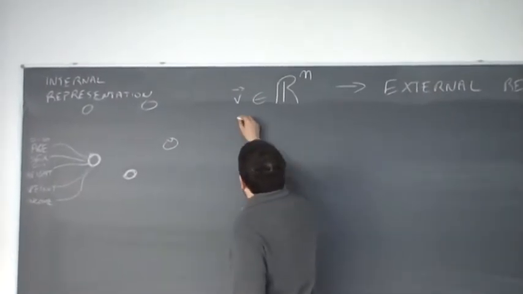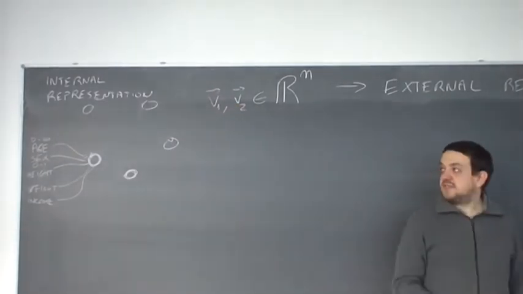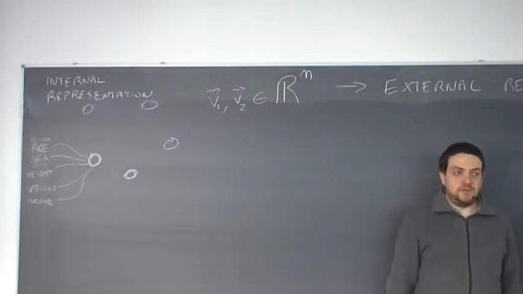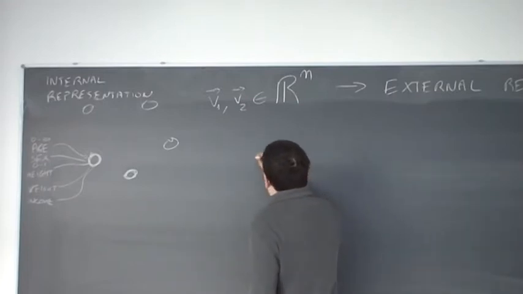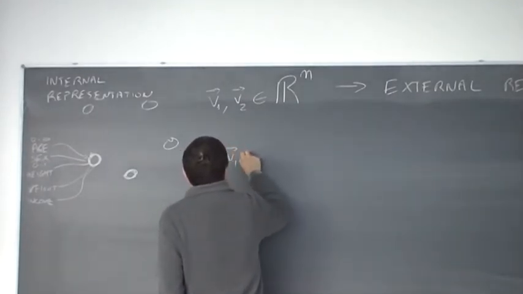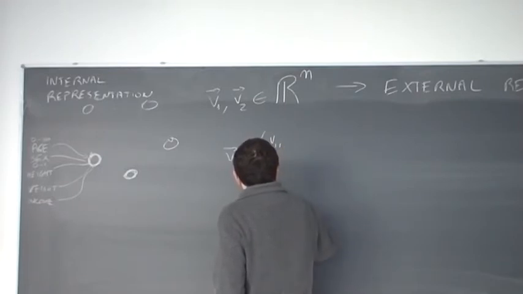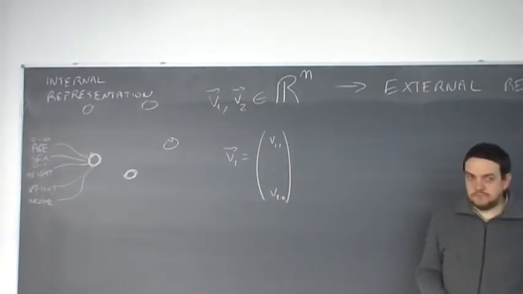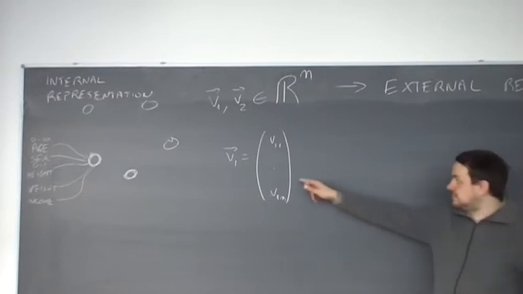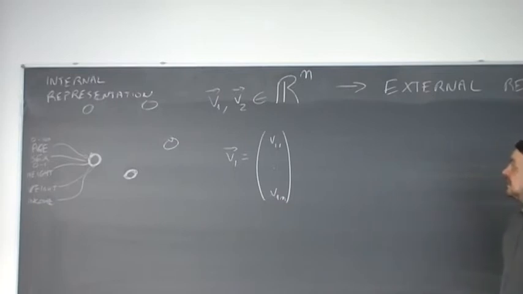If we have two objects, V1 and V2, each represented by a tuple of n numbers, so actually V1 is V11 up to V1n. So the vector is actually an n-tuple of numbers.